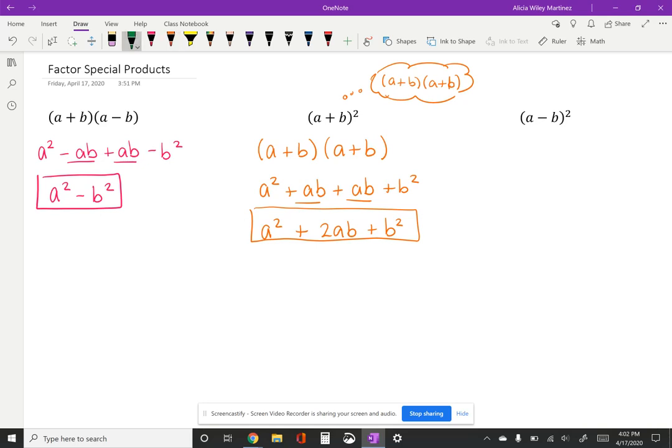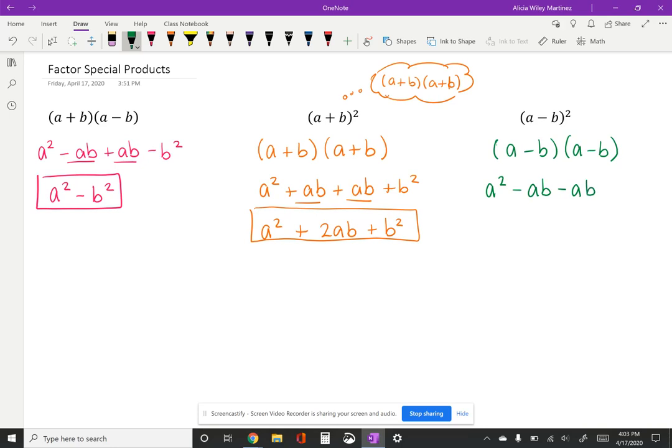Same goes for number 3. Number 3 is a little different than the second example because it has a minus sign. So let's see what we get here. A times A is A squared. A times negative B, negative AB. Negative B times A, also it's negative BA, but you can switch that around to negative AB. It's the same thing.